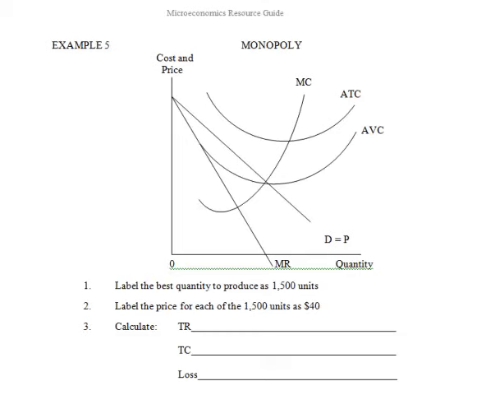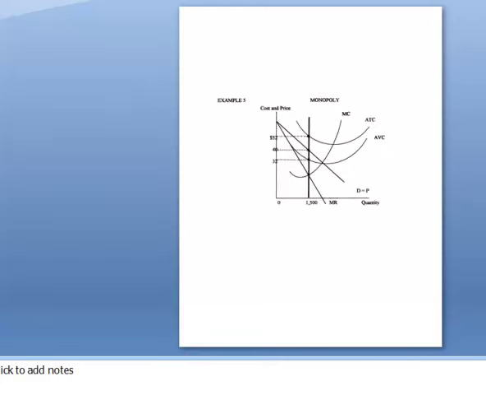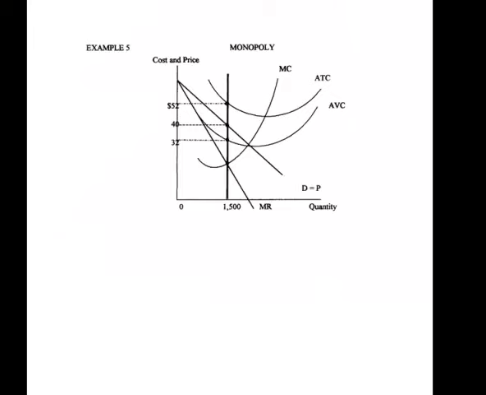Let me return to the PowerPoints and go through the values that I used for that one. Okay, so marginal cost equals marginal revenue. Go straight down, 1,500. Go straight up. Here's the average variable cost per unit, 32.